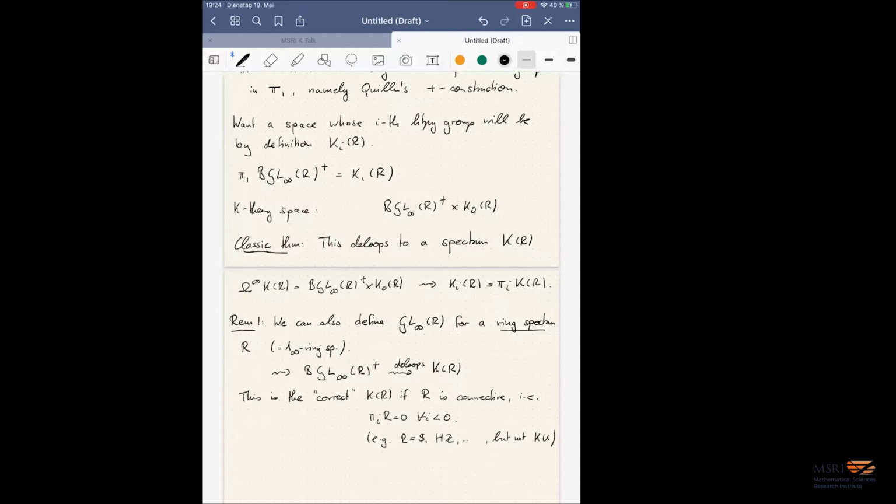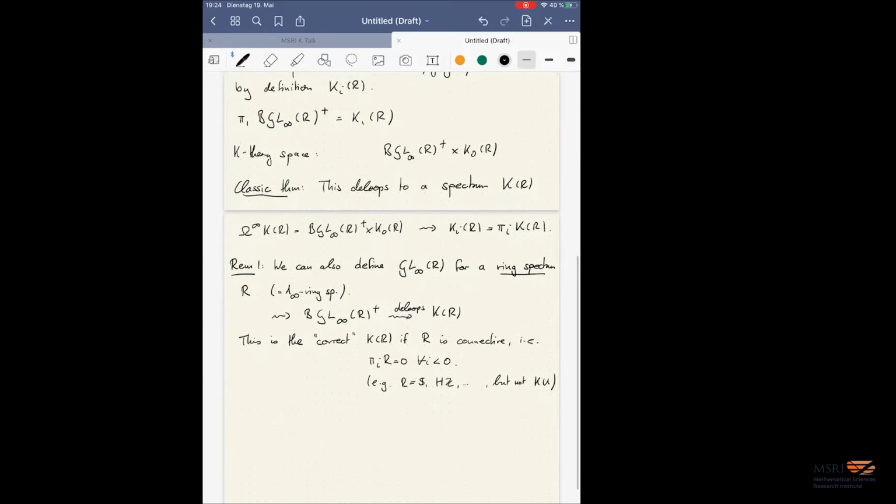So you can always do the definition, but it will not have such pleasant properties if R is not connective, and there one would prefer another definition. This is exactly what my other remark is about. Many other constructions of K-theory are possible, and they all agree, again on connective ring spectra.